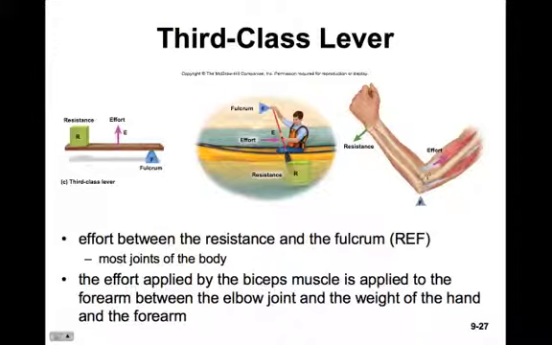The fulcrum is here at the elbow, and the effort is applied by the biceps muscle against the resistance of the arm further away. Again, most joints of the body are third-class levers where we have resistance, effort, fulcrum.